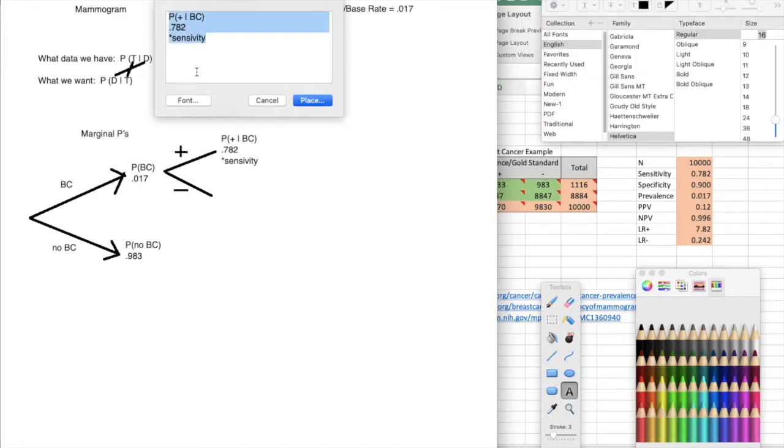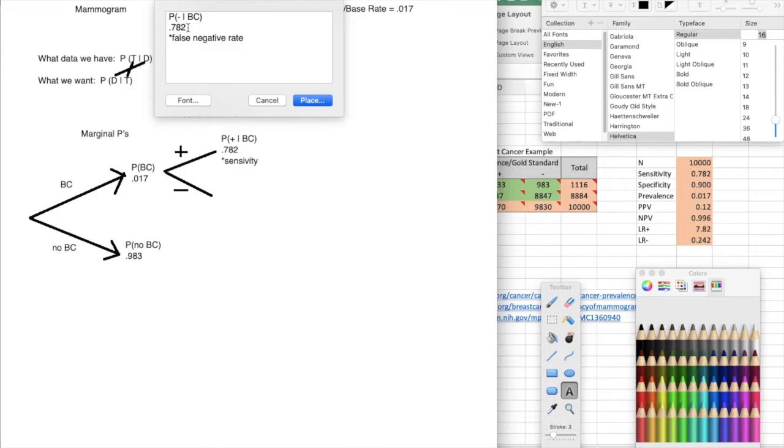This is probability of negative given breast cancer. So because we're on the breast cancer branch here, we're working our way across. This is also known as your false negative rate.